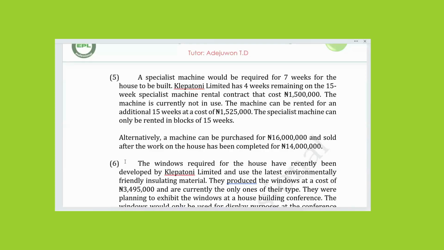The machine can be rented for an additional 15 weeks at a cost of 1,525,000 naira. The specialist machine can only be rented in blocks of 15 weeks. Alternatively, a machine can be purchased for 16 million naira and sold after the work on the house has been completed for 14 million naira.